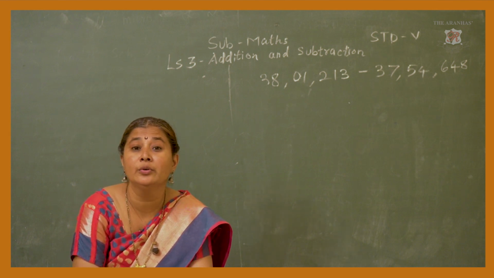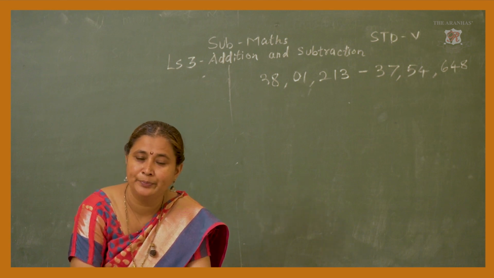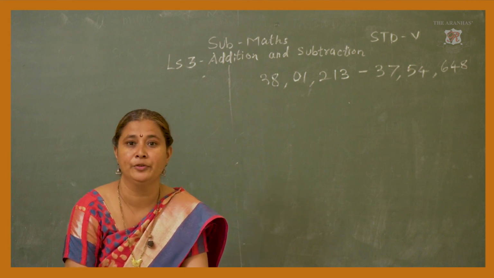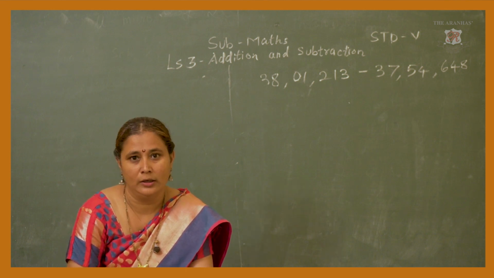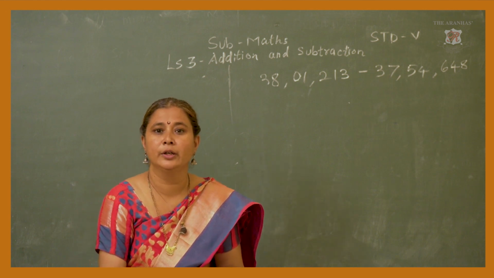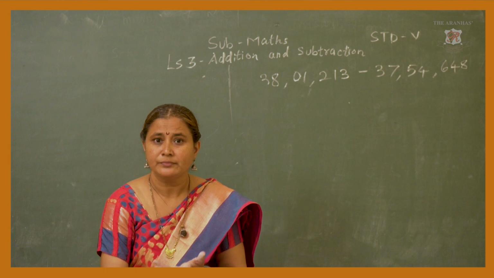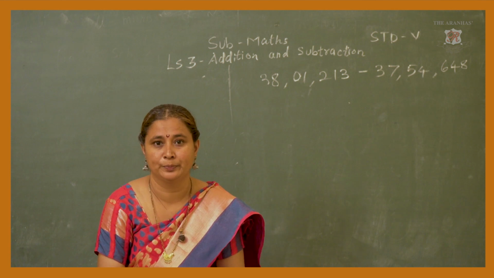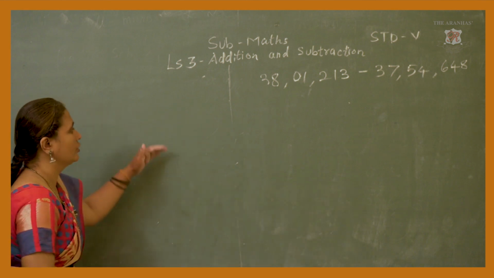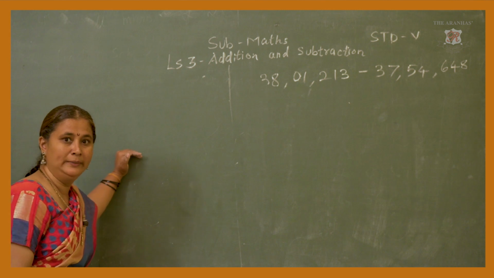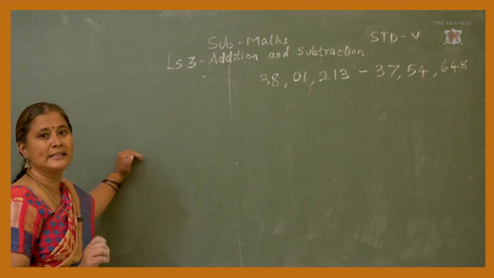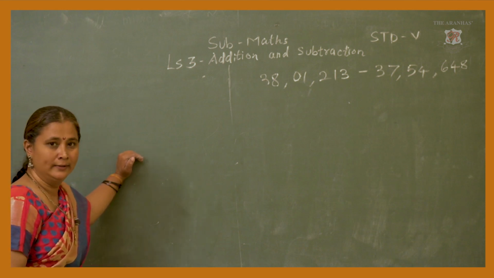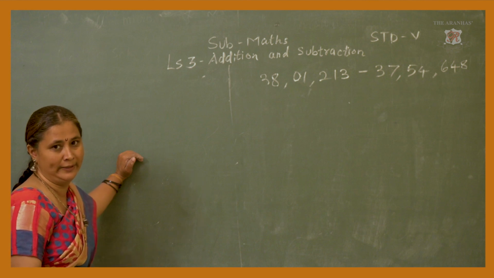So here what you have to do? You have to do the subtraction, because how much amount he needs to buy the laptop, that we have to find. Okay, so here we have to subtract only, because whatever amount he has, we have to subtract that amount from the cost of the laptop. Okay, so when you are solving the word problem, at that time you have to write the statements also. You can write the statements on right hand side or left hand side. That is your way or your choice.